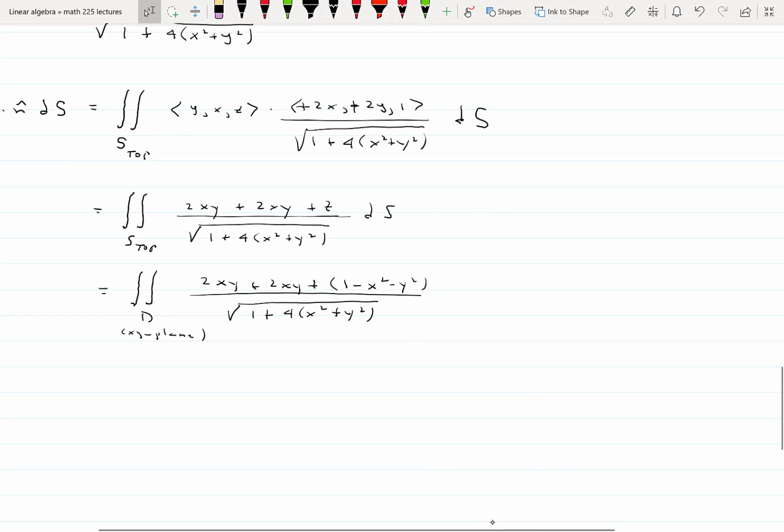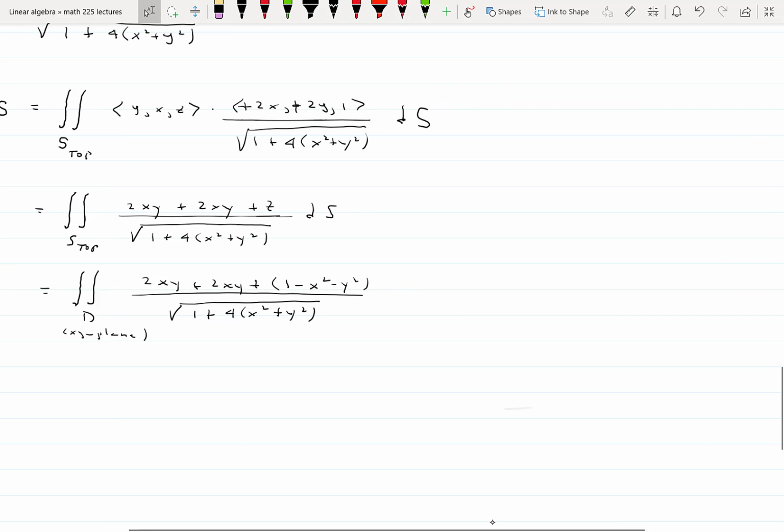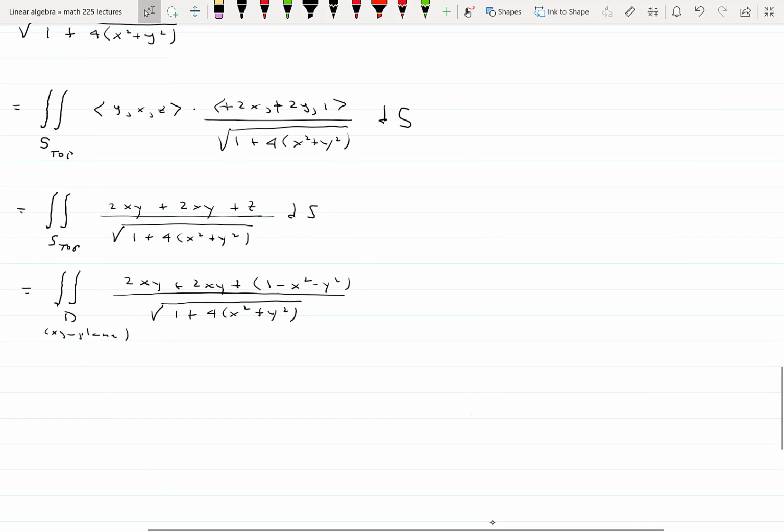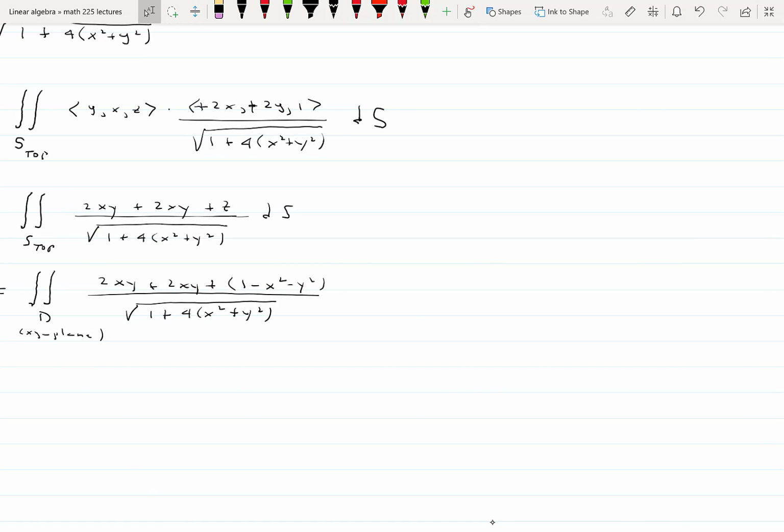And ds is the differential element of surface area. What I think I'll do, off to the side over here, is compute ds. It's a little sloppy, I guess, but I think it might be convenient.